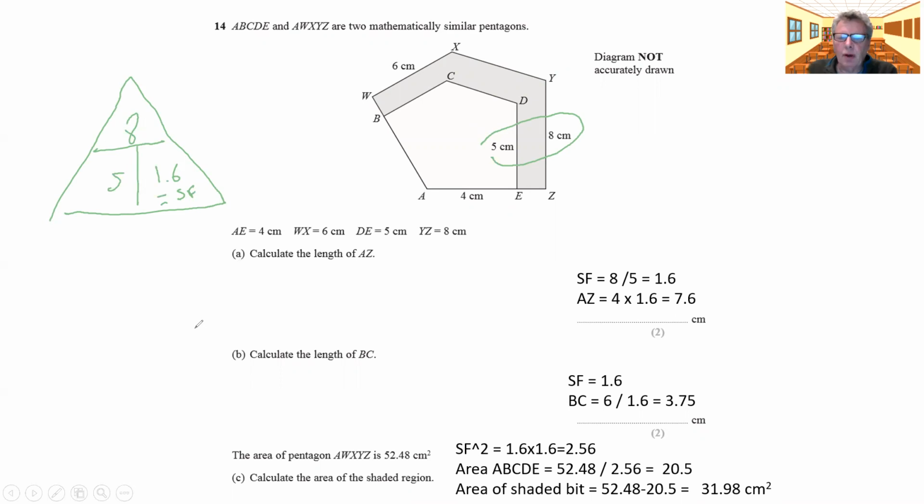Right, so once we've got the scale factor, we can then use it. So to go from a small length to a big length, all we do is we multiply by the scale factor. But here we want to go from a big length to a small length, so it's the length divided by the scale factor. Then finally, if we can remember what the triangle is for areas, just draw a magic triangle for you.